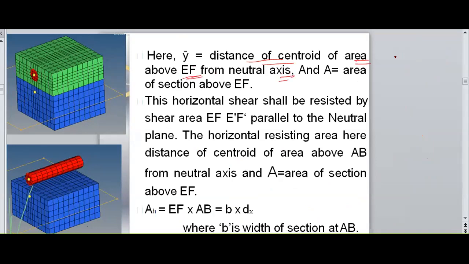If I consider this cross-section, this is the neutral axis and this is the centroid for the cross-section, and this is the area I am considering. This is the EF line, and I need the centroid of this cross section from the neutral axis, that is y bar now.